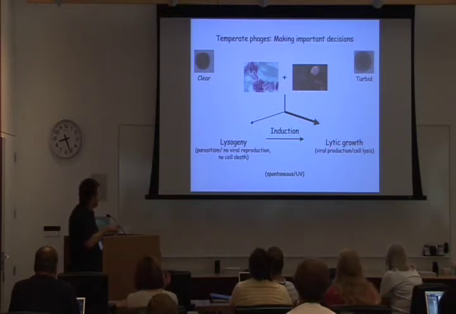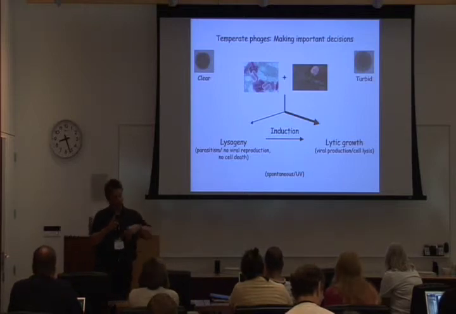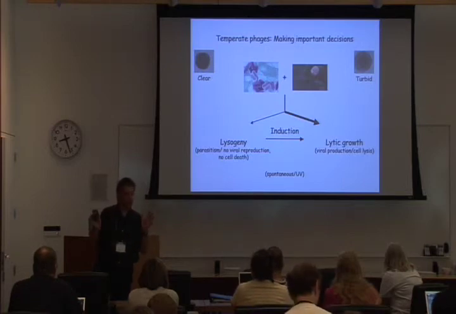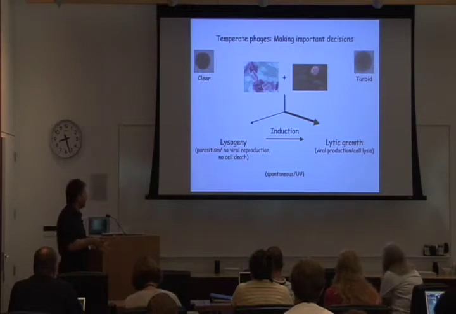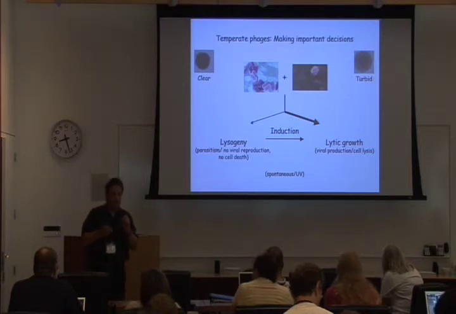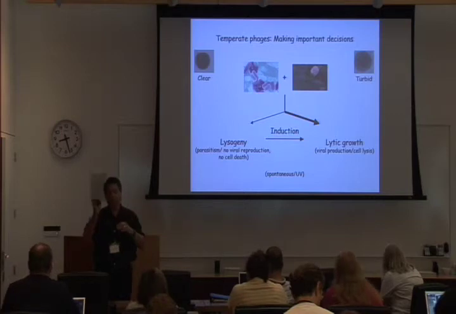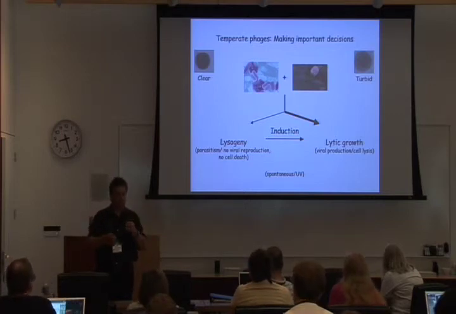And this induction can happen spontaneously, at low frequency, maybe 1 in 10,000 or 1 in 100,000 cells per generation. But often that frequency can be stimulated by treatments which damage the cellular DNA, UV, mitomycin C, many other similar types of treatments.